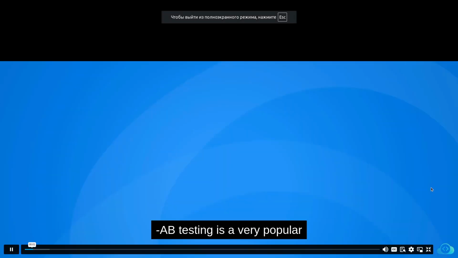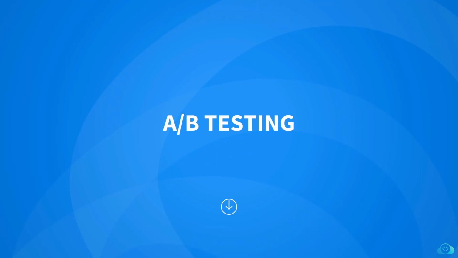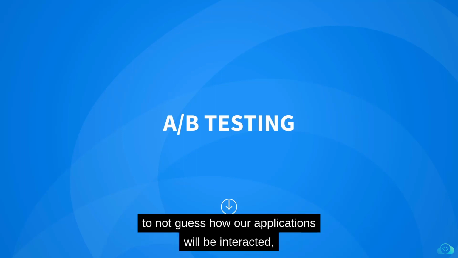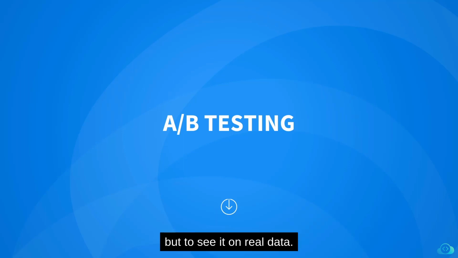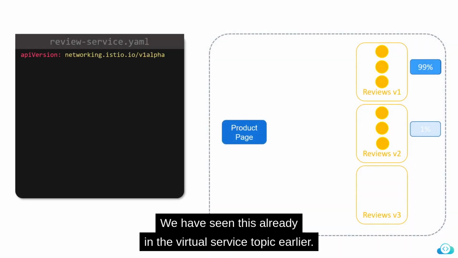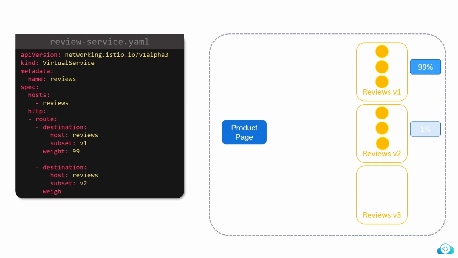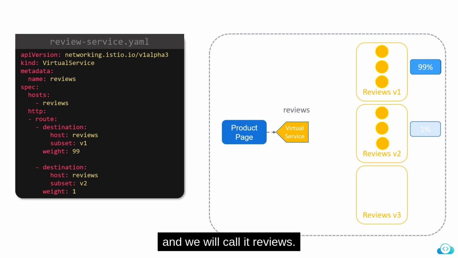A/B testing is a very popular and powerful approach to understand user behavior. It boosts experimentation and helps us software professionals to not guess how our applications will be interacted with, but to see it on real data. We have seen this already in the virtual service topic earlier. With Istio and virtual services, we can now create a virtual service instead of a service, and we will call it reviews.